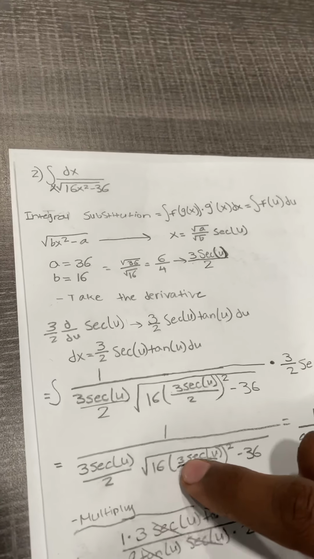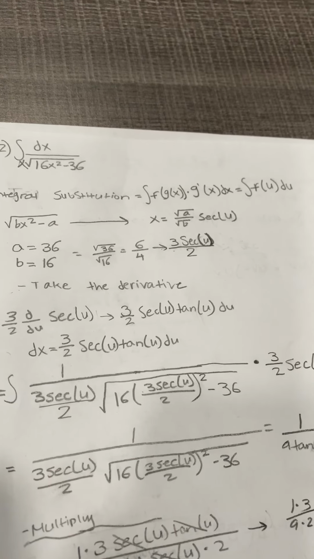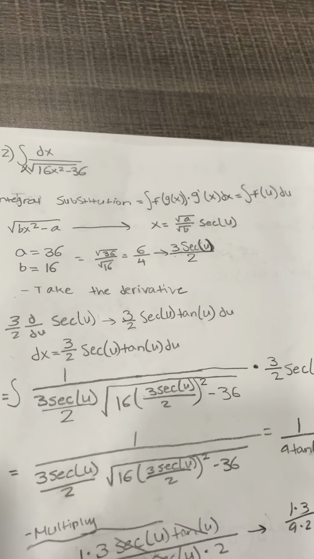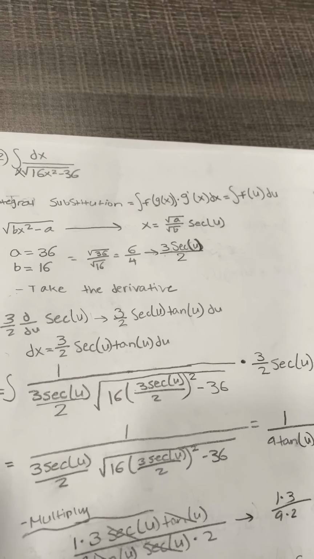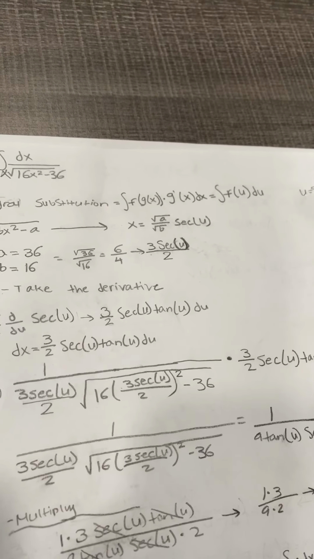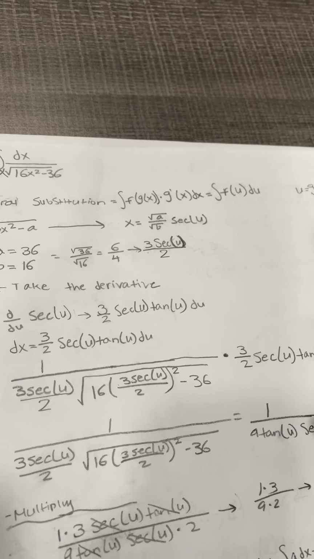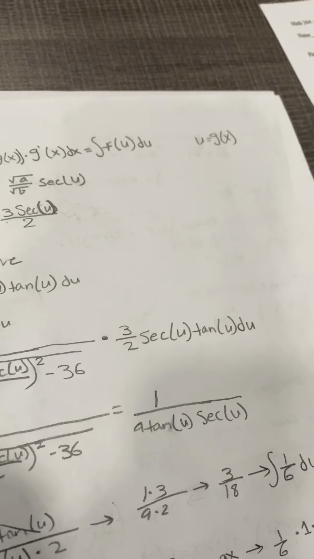Okay, so this gives us the integral of 1 over 3 secant u over 2 times the square root of 16 times 3 secant u over 2 squared minus 36 times 3 over 2 secant u tan u du.